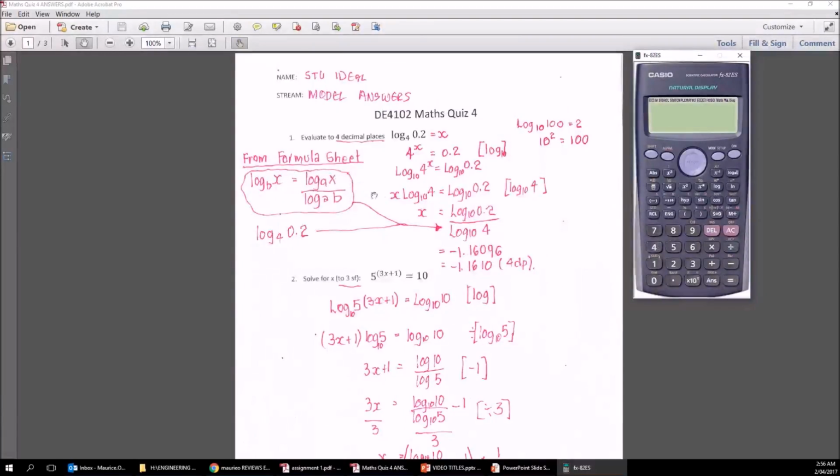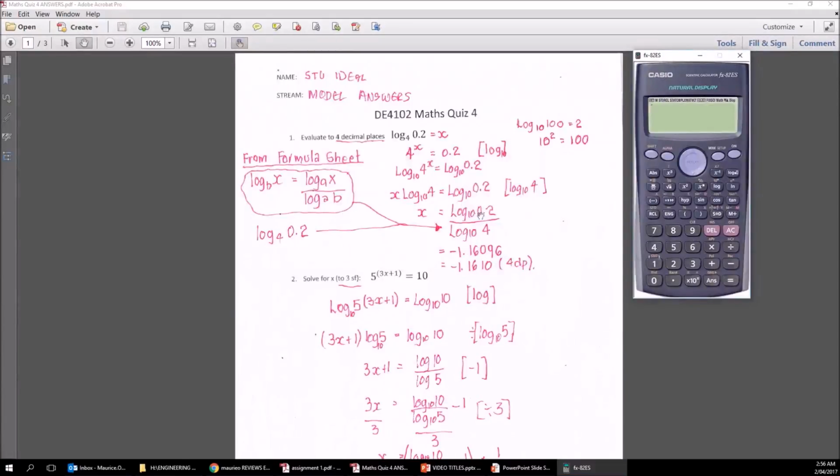Now we can also get to the same place by using this pattern here. As you can see, log to the base b of x, where b can be any base, equals log to the base a of x over log to the base a of b.